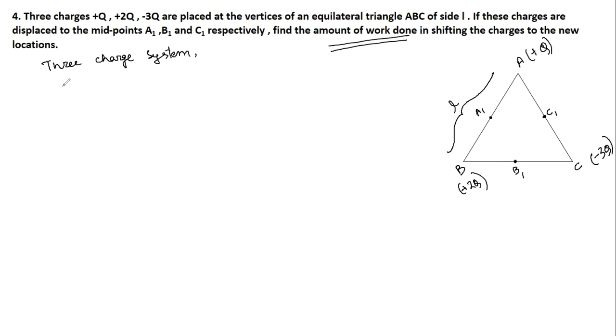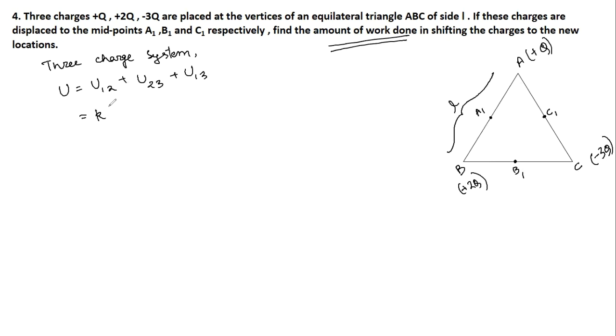For a 3-charge system, we know our potential energy expression, which is nothing but U12 plus U23 plus U13. See these indexes, you can give any term A, B, C. I've given 1, 2, 3. You can give AB, BC, and CA. So you have 3 pairs AB, BC, and CA, and in that way you put your potential energy expression.